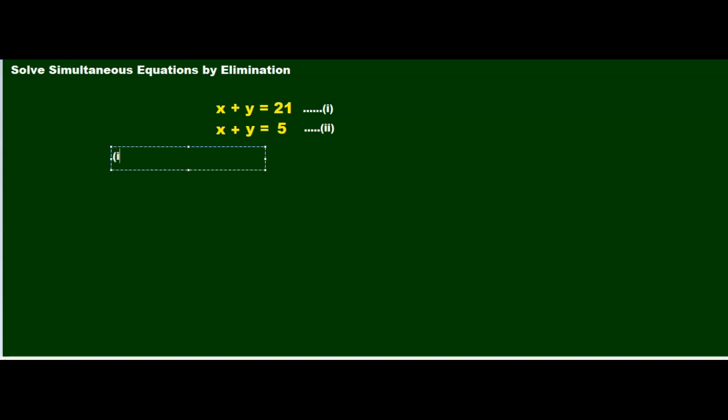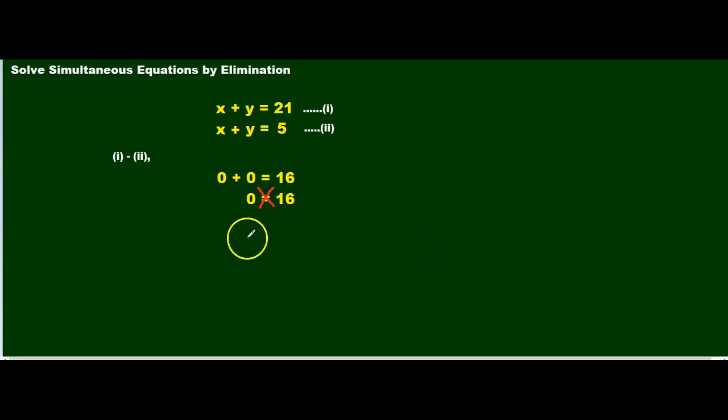So equation 1 minus equation 2. x minus x gives me 0, and y minus y also gives me 0, equals 21 minus 5 gives me 16. Therefore, we're saying that 0 equals 16.